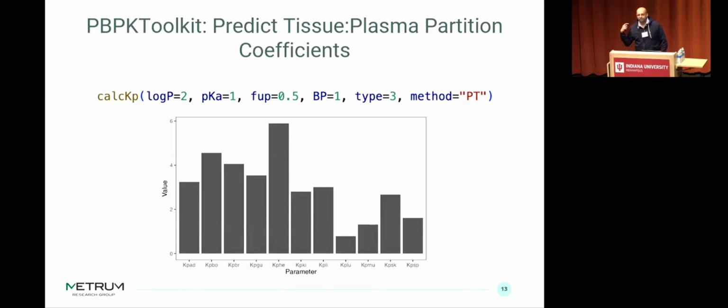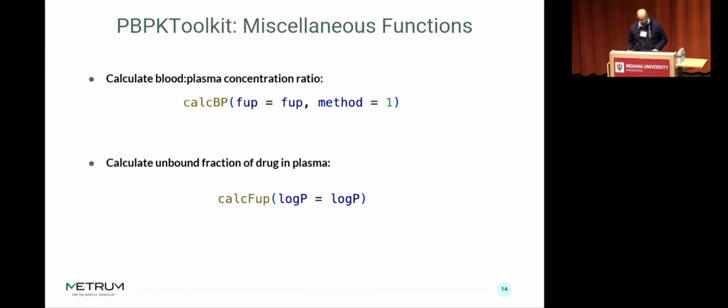Method: Poulin and Theil, or PT, or the other, Schmitt, and so on. Now the one I tested the most was the Poulin and Theil. These are the partition coefficients. These are not the generic individual methods or the physiology. So thank you guys for correcting me on that. So Poulin and Theil or 4 other methods are available in this function.